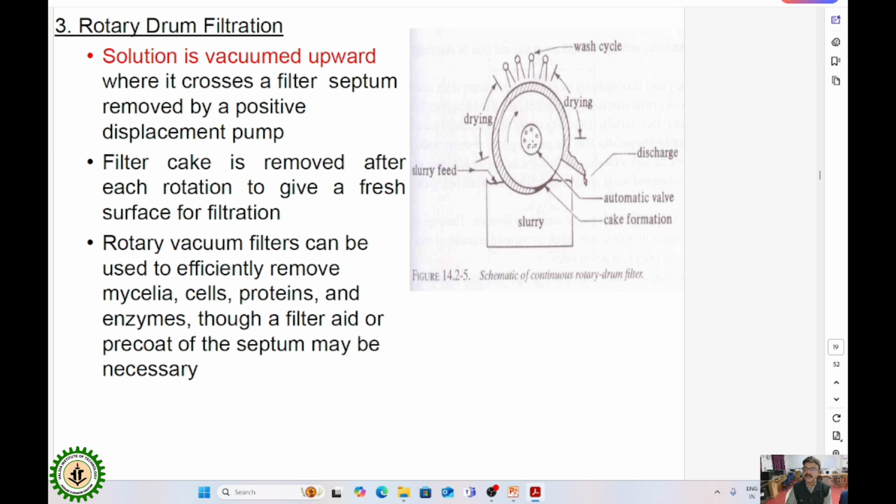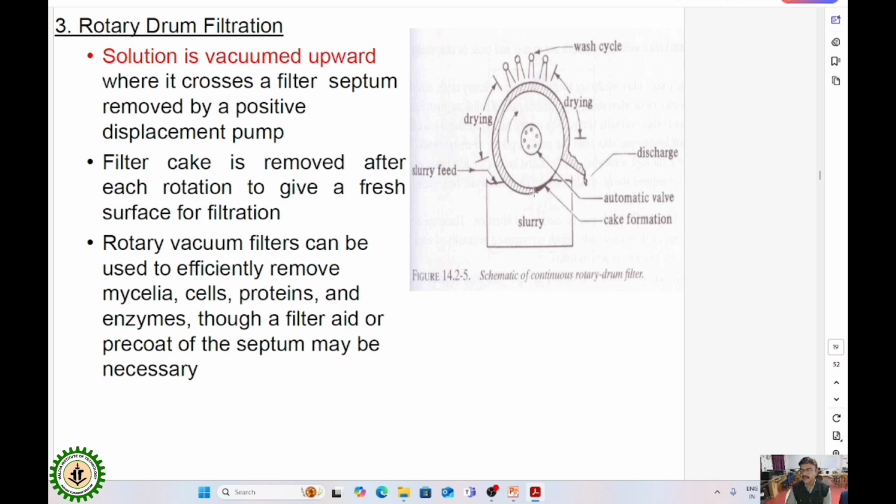Inside the drum, vacuum is acting, and the slurry is open to atmospheric pressure. So a delta P is created, and by the action of that delta P, the slurry is sucked toward the inside of the drum.